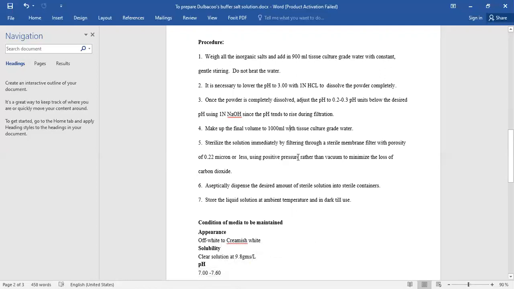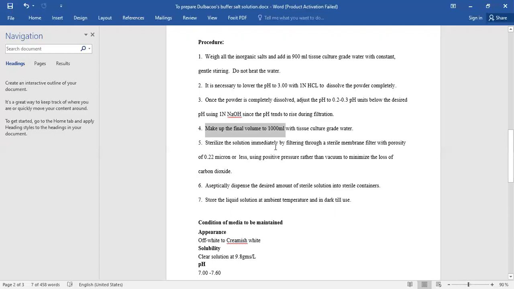So after adjusting the pH, make the final volume to 1000 ml using the tissue culture grade water, and we sterilize the media using a sterile membrane. Why do we not autoclave the media? Because after autoclaving, the media will lose its capacity for animal cell growth. Okay, so we do not autoclave it.